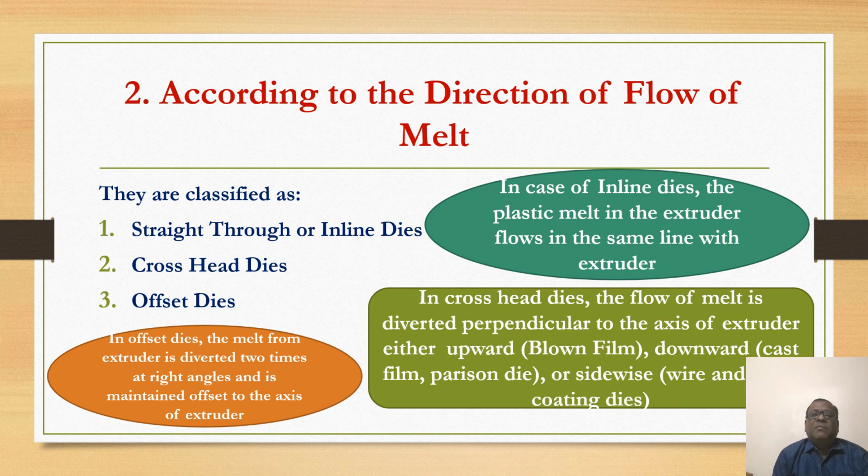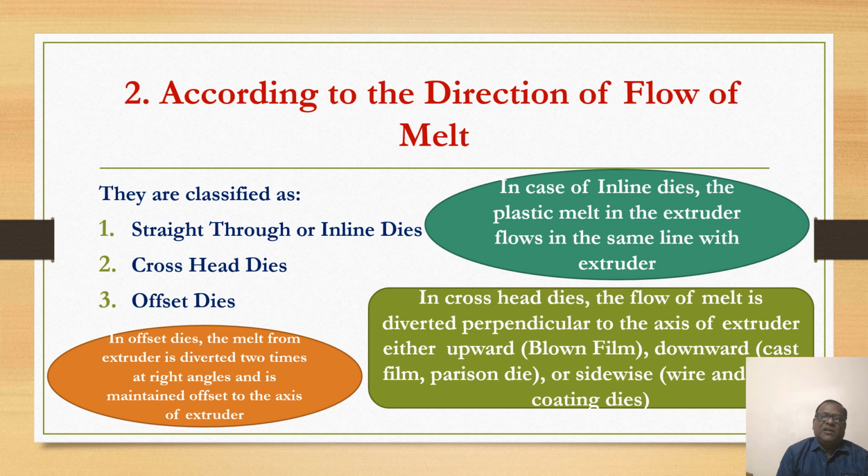Here, number one is the straight through or inline die. That is called inline die, very easy to remember, or straight through. That means the material will come from the extruder and directly enter the die in the same line.